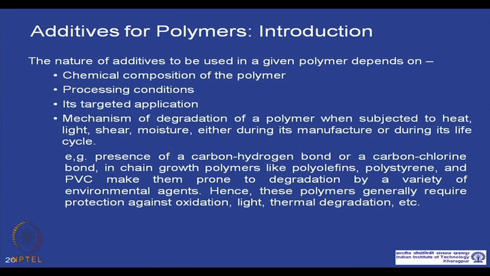So, these polymers generally require protection against oxidation, UV light and thermal degradation, etc. This is an example of the chemical structure. We need to keep in mind the chemical structure of the polymers when we design an additive.